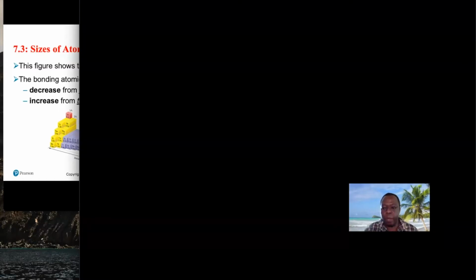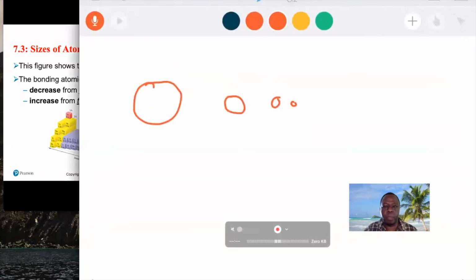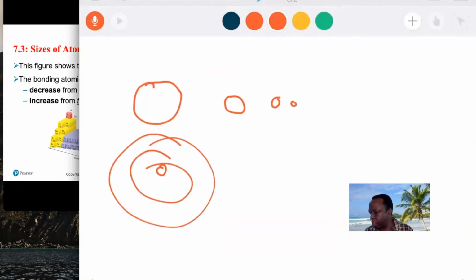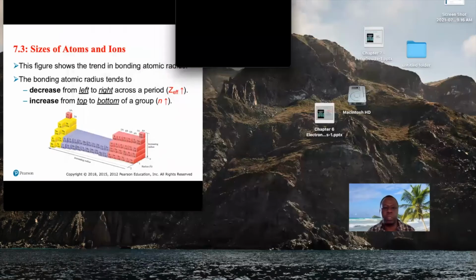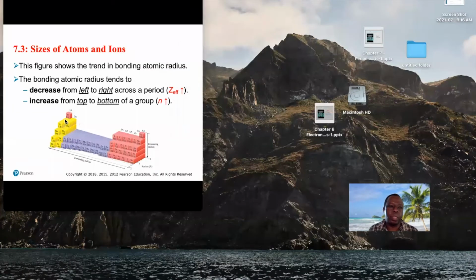But when you are going down the periodic table, the number of shells keeps on increasing. So there will be so many shells as you go down the periodic table. This explains this trend.